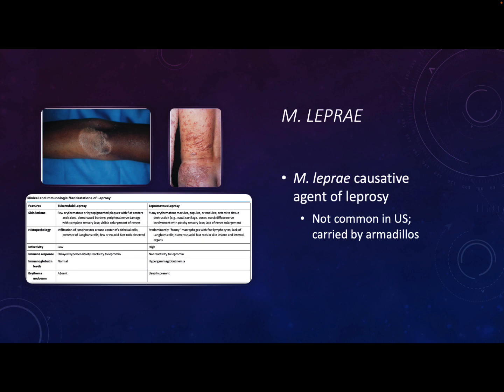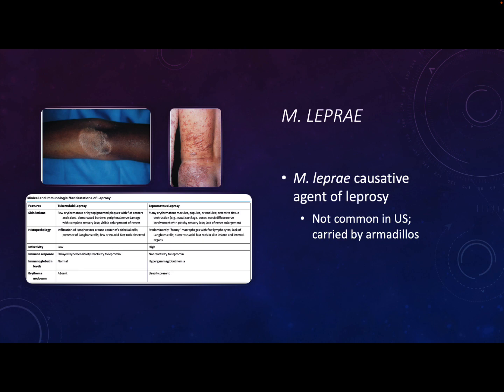So, no touchy the armadillos. They're cute, like they really are, but no touch. They could have leprosy. There are a couple of different manifestations of disease, and it depends more on the immune response to the infection, like which type of disease you'll get.